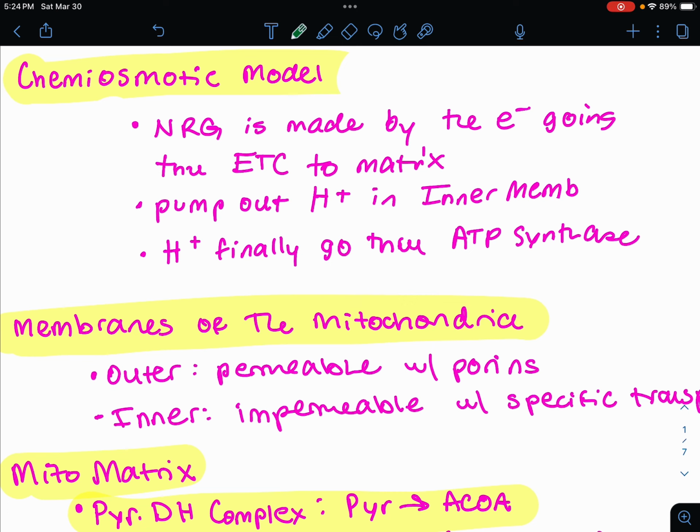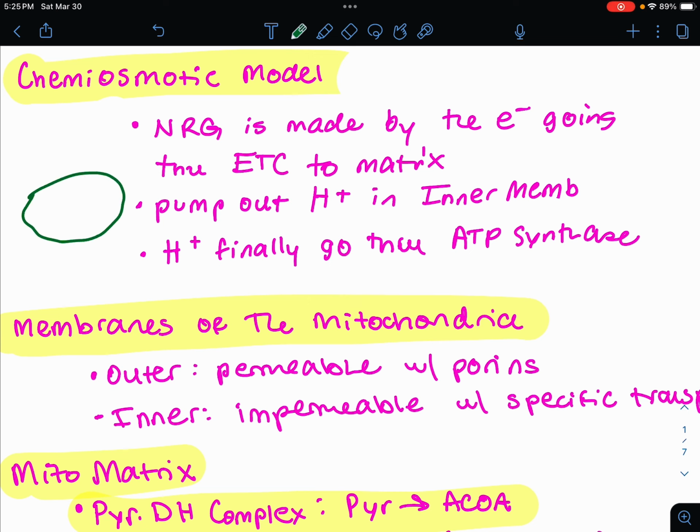You pump out hydrogens through those complexes in the inner mitochondrial membrane, and once you get a lot of hydrogens into that area where you have a ton of protons, they're going to go through the ATP synthase back into the matrix. Remember, in this electron transport chain specifically, this pair of electrons is going through the complexes. They're going to be ultimately taken up by oxygen, and you're going to reform water.